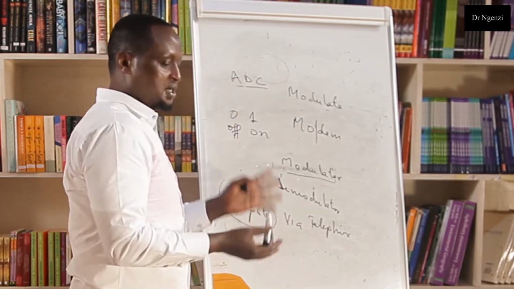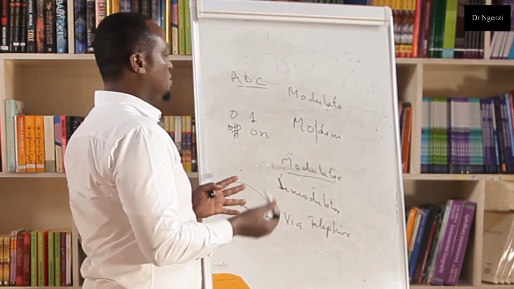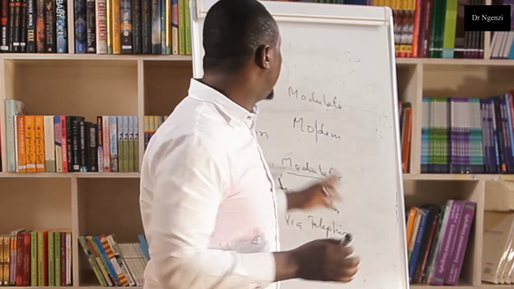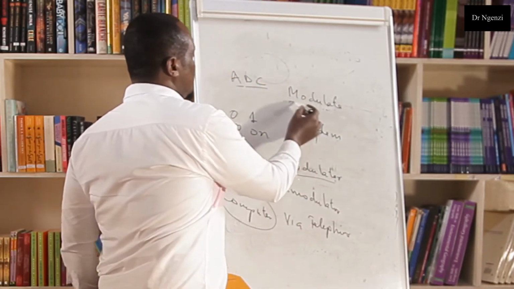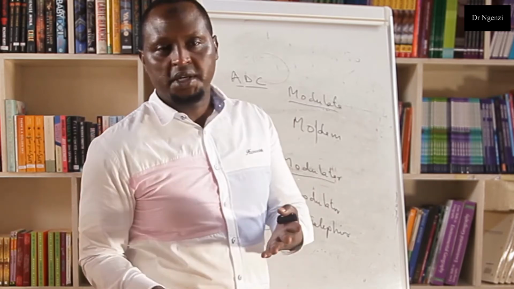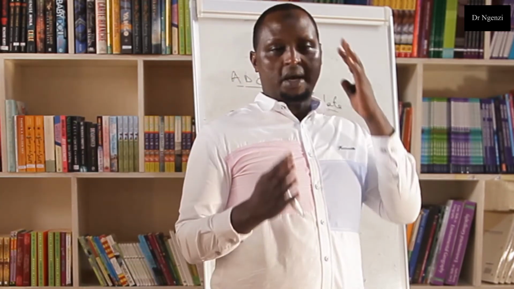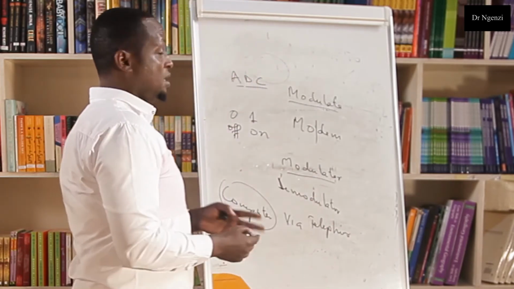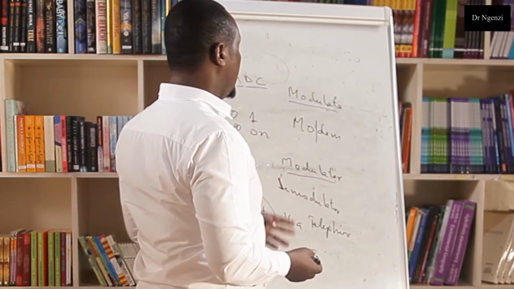This has nothing to do with digital, but you have to understand the principles. You modulate the signal. Why do we need modulation? We want our signal to be purely free from noise, crosstalk, distortion, and interference.